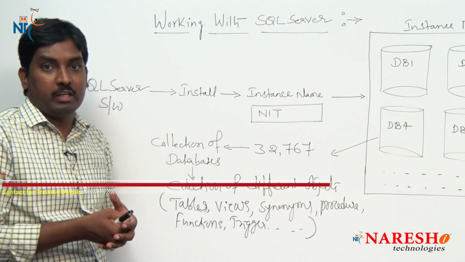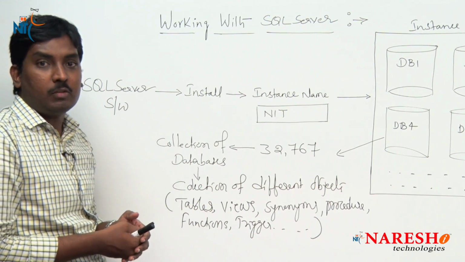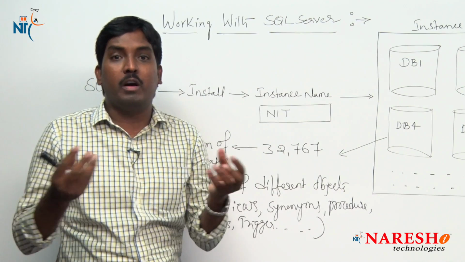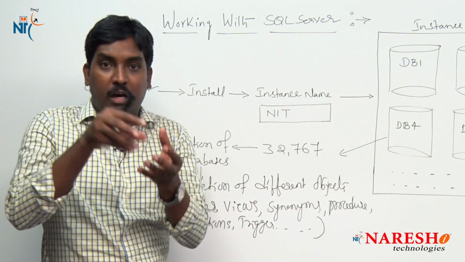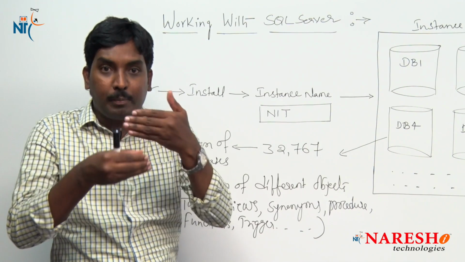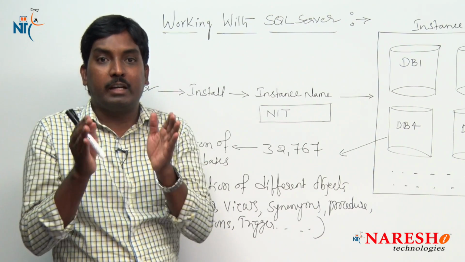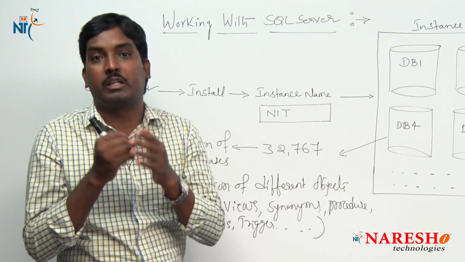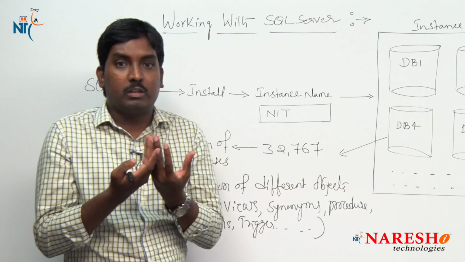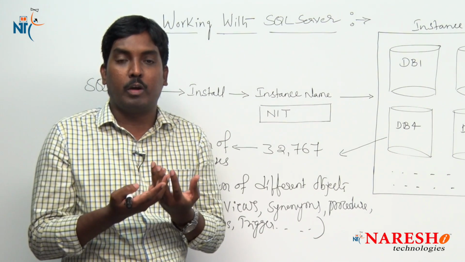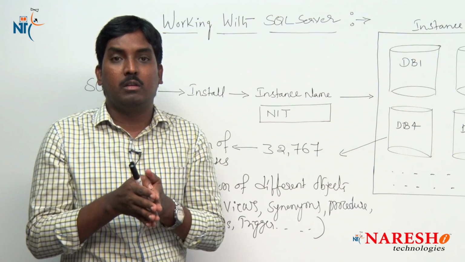For example, a table is for storing or loading data, for manipulating data, or for retrieving data. A table is nothing but a collection of rows and columns that we design, and later we store and load data into it.